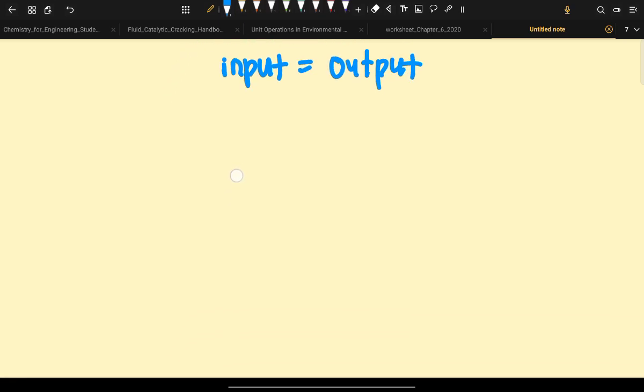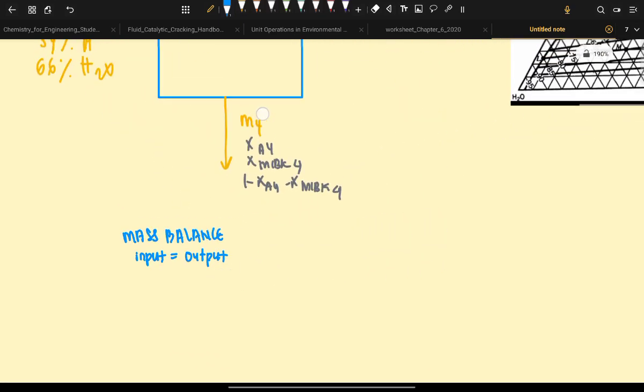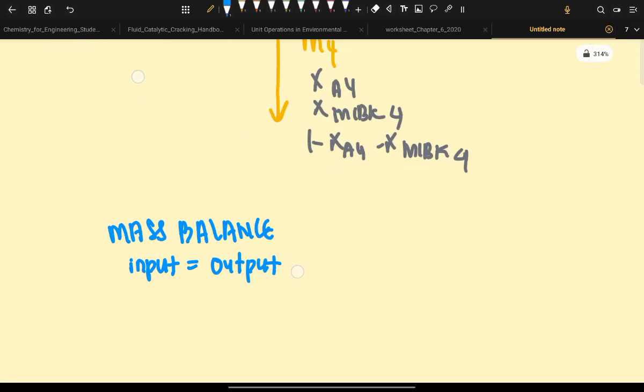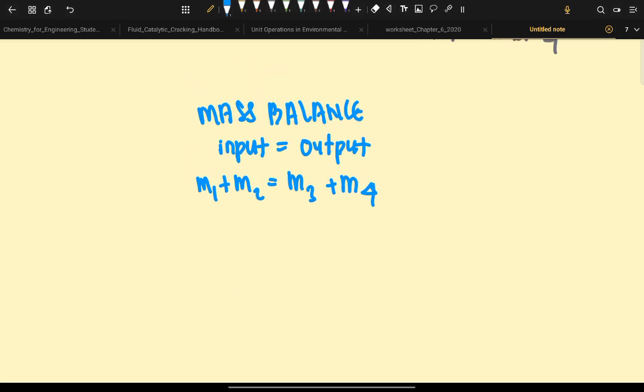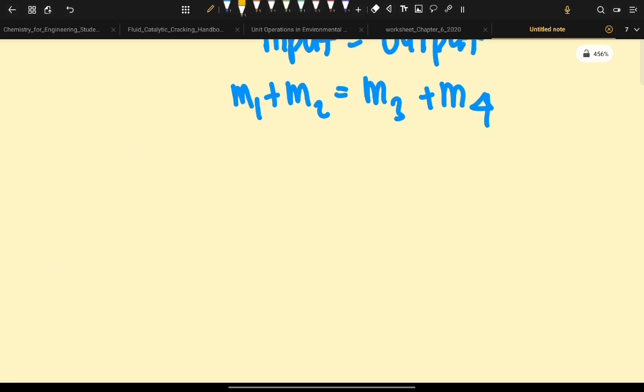Okay, so what we got is M1 plus M2 equals to M3 plus M4. So you want the total mass of M3 and M4. So you just do the total balance here.